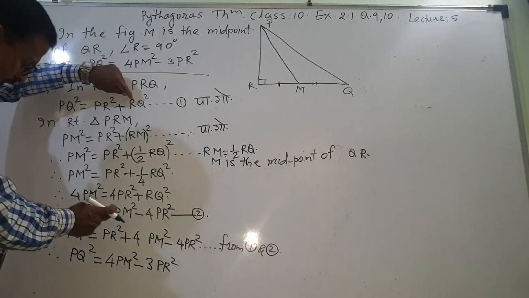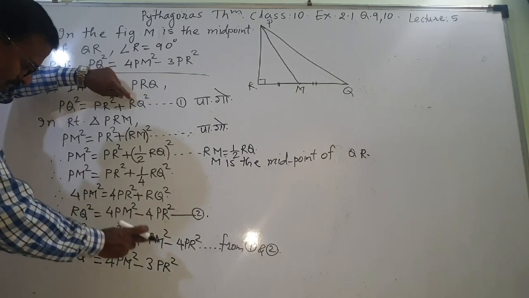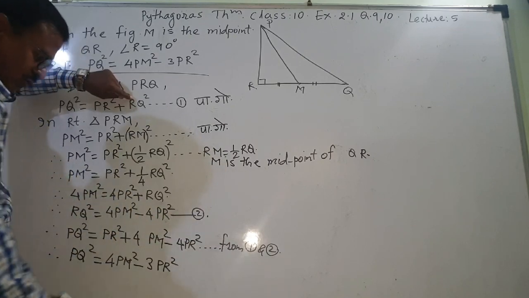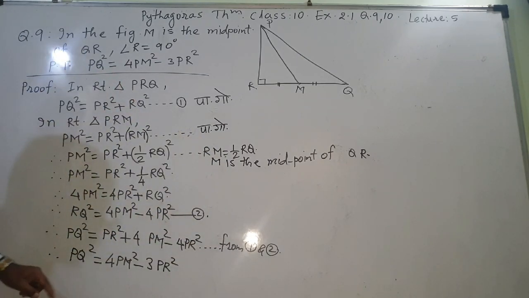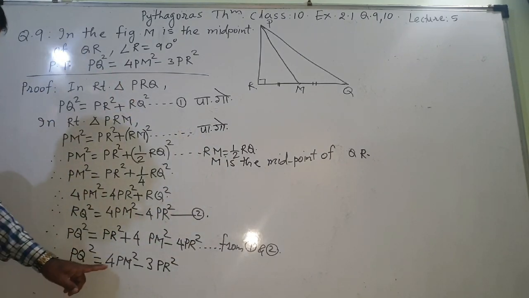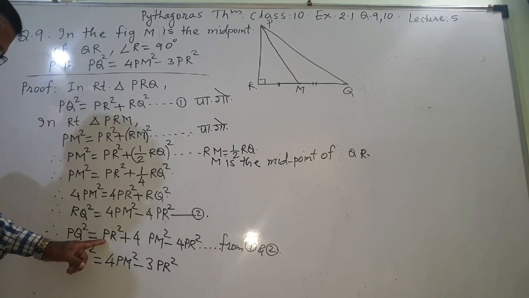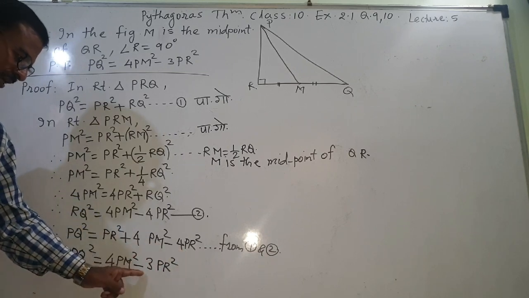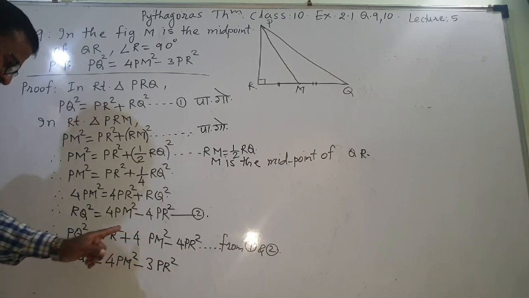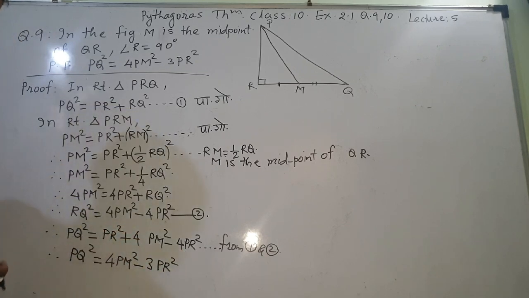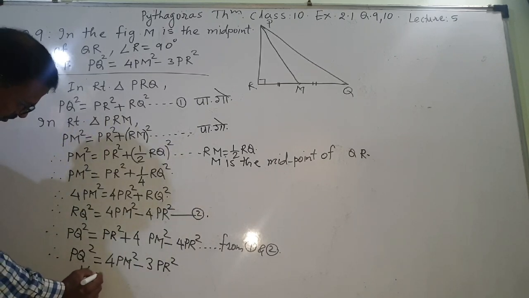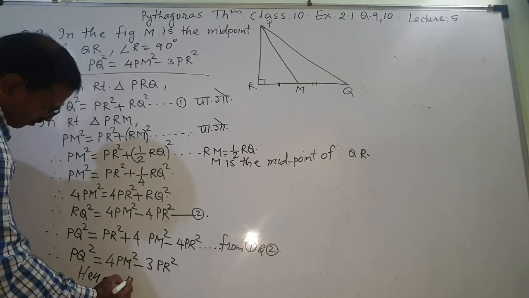The value of RQ from this I have taken and substituted here. So we call it as from 1 and 2. Therefore, PQ square is equal to PR square, this minus 4PR square, that is equal to minus 3PR square. And this is here. Hence, proved. Last statement you will write: hence, proved.